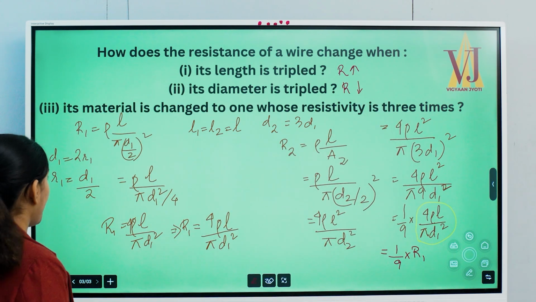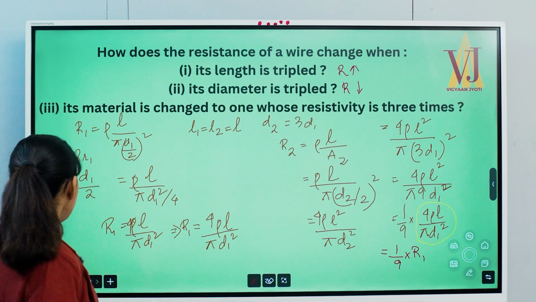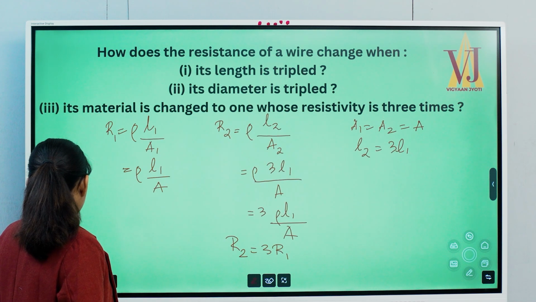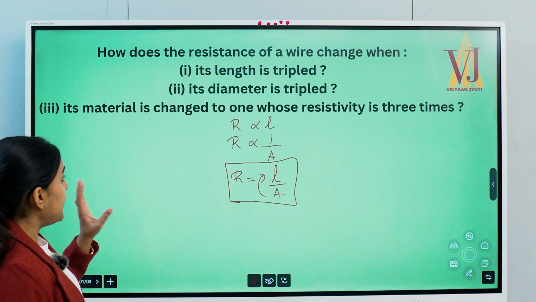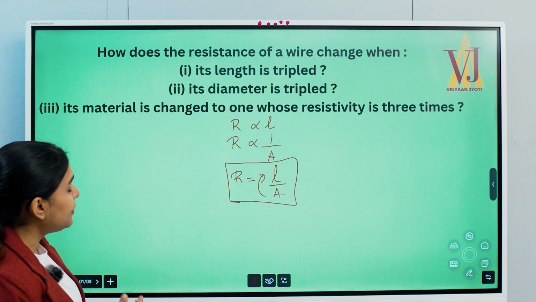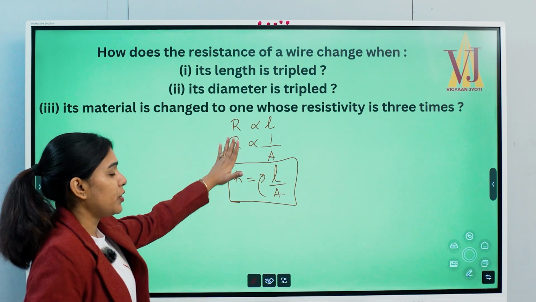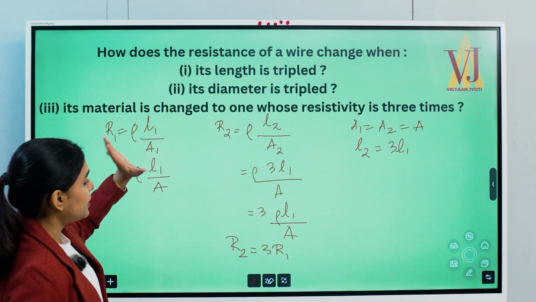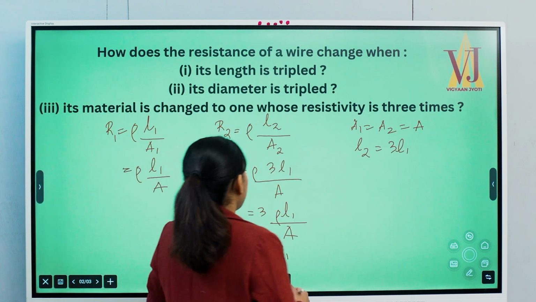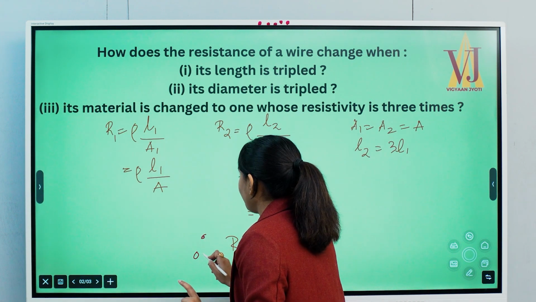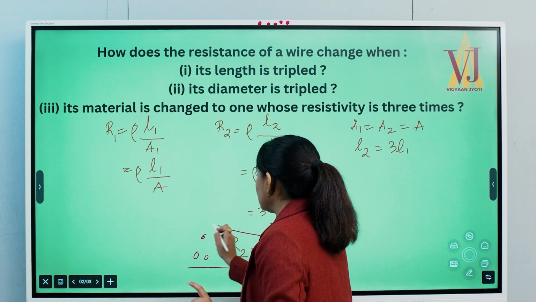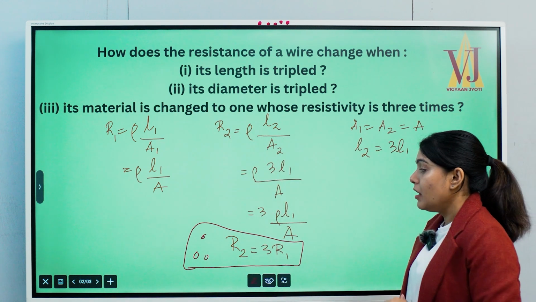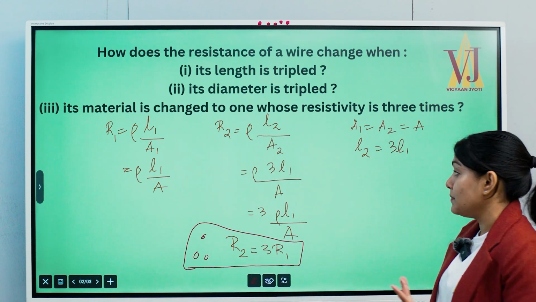Next, its material. Now we will come to the next point. Understood till this much? Fine. So I'll just give one wrap up. See, here resistance depends upon the length and upon the area, and this is the relation we have established. For the first case, we have found that my final resistance R2 is increasing by 3 times.